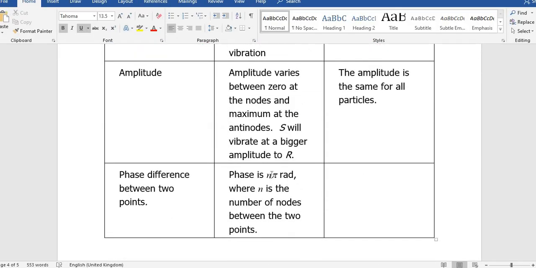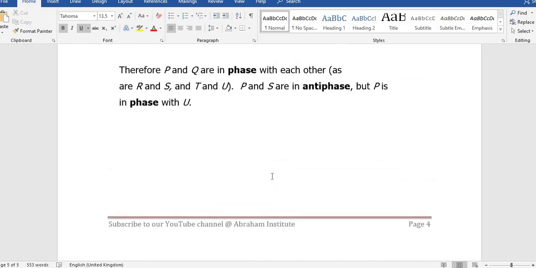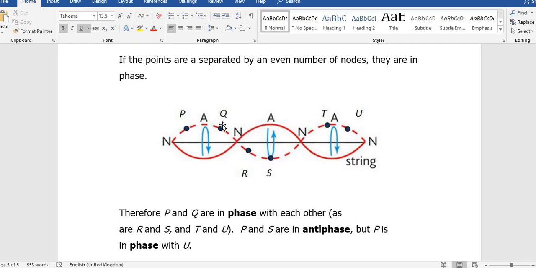If there are 2 nodes between the points, for example Q and T, they will be in phase, because as soon as this moves down, this also moves down.